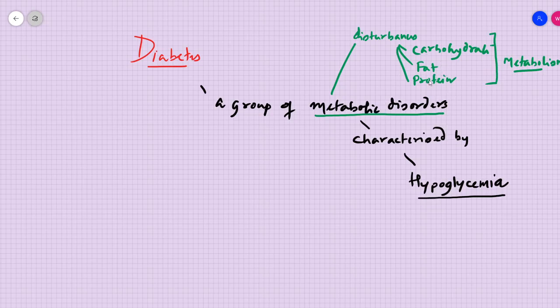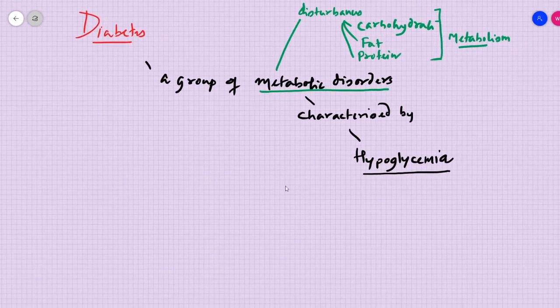So these aspects would become apparent when we continue our discussion of diabetes.